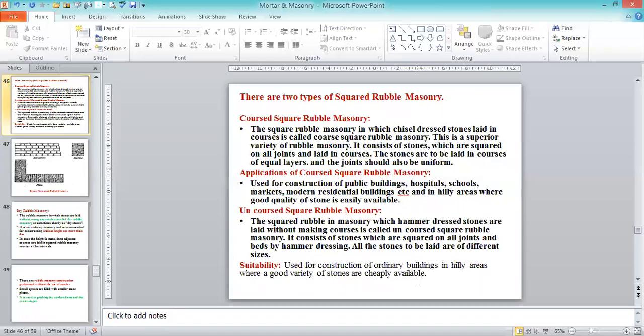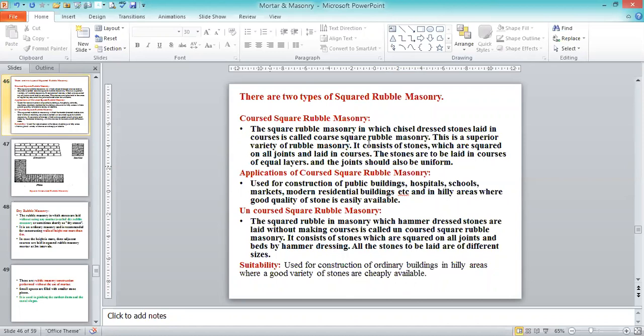Because rubble masonry itself means we go for hammer dressed stones, and hammer dressed stones will not have appropriate edges. Edges will not be appropriate. So because of the hammer dressing, it will be approximately square, not perfectly square. Approximately square shape we use in the coursed one as well as the uncoursed one. So this is about how we go for coursed square rubble masonry.